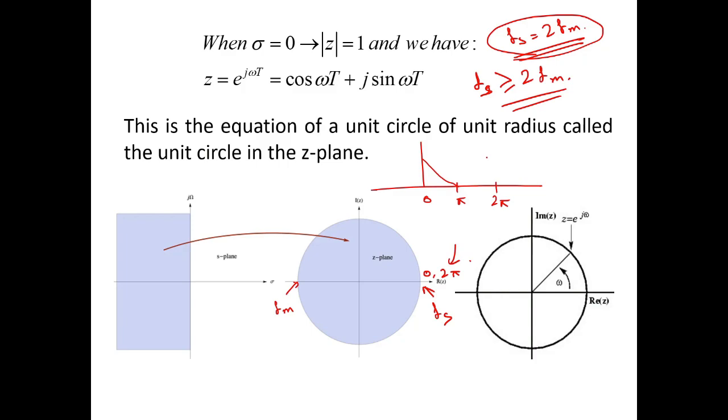Over there, if you see, when we are sampling the signal, the frequency was getting repeated. So 0 to 2 pi, frequency will again repeat itself in pi to 2 pi. Similarly, it will also be done in the negative half. So 0 to minus pi, again minus pi to minus 2 pi, and so on. But we will be restricting ourselves to 0 to 2 pi.